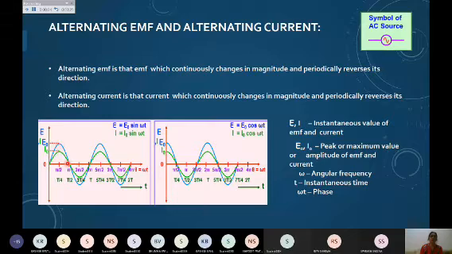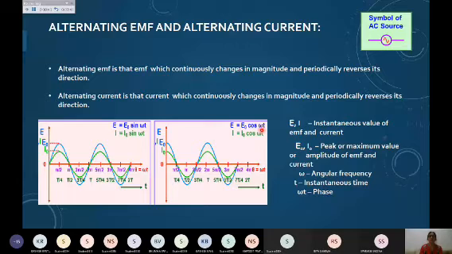This blue curve is for EMF, the green curve is for current, but the shapes are the same because it is a sinusoidal graph. I have started from this point. Another way I can show is by the cosine graph.